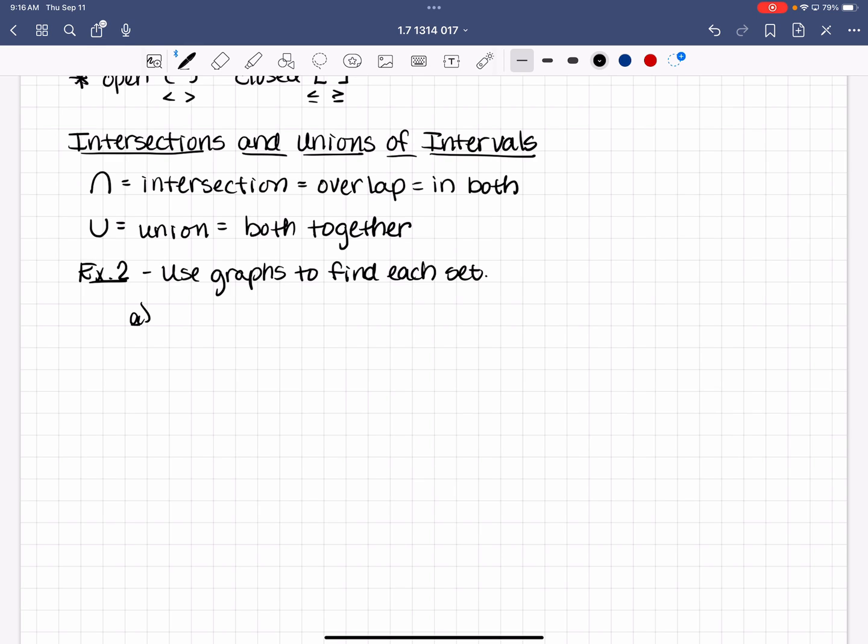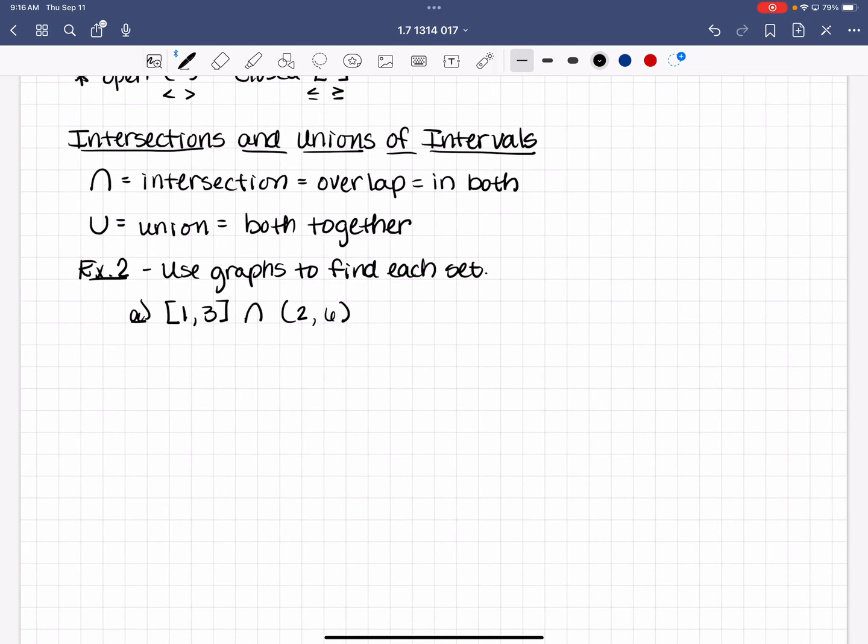So I have 1, 3 in brackets intersecting 2, 6. Okay, so I'm going to use some different colors here so that we know what we're doing.